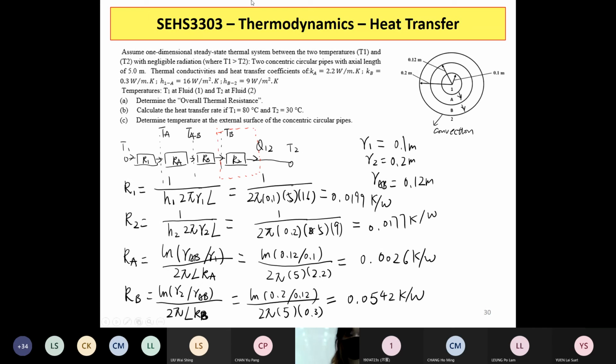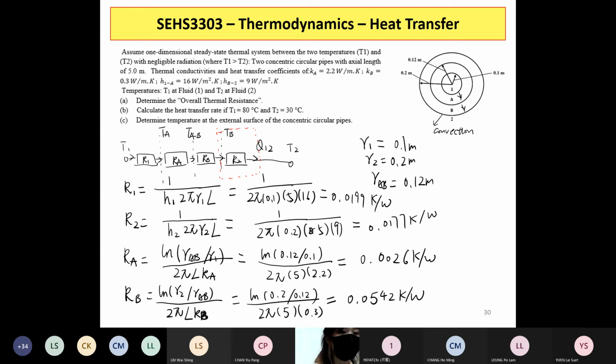Done for this equation. So you should know at this point how to calculate the overall thermal resistance for this convection, conduction, convection system. In other words, the conduction system with 2 convection boundaries. According to the calculated overall thermal resistance, you should be able to calculate the heat transfer rate through the whole system.